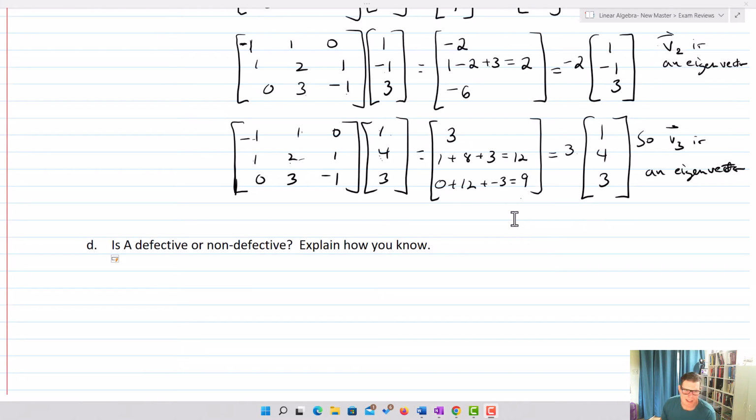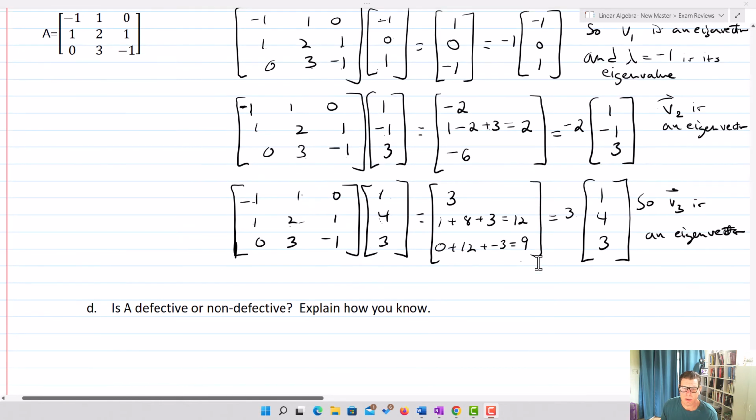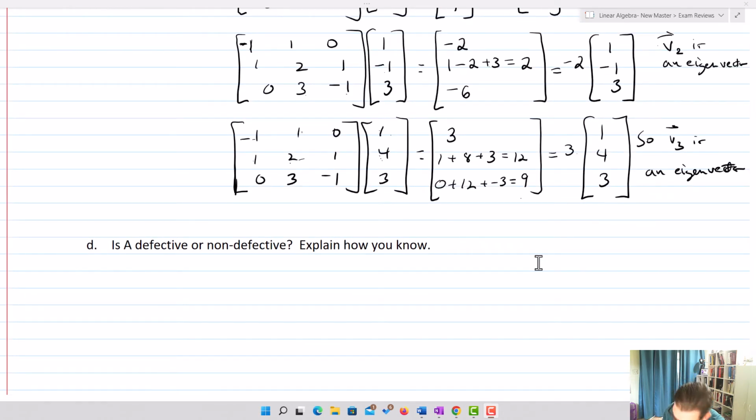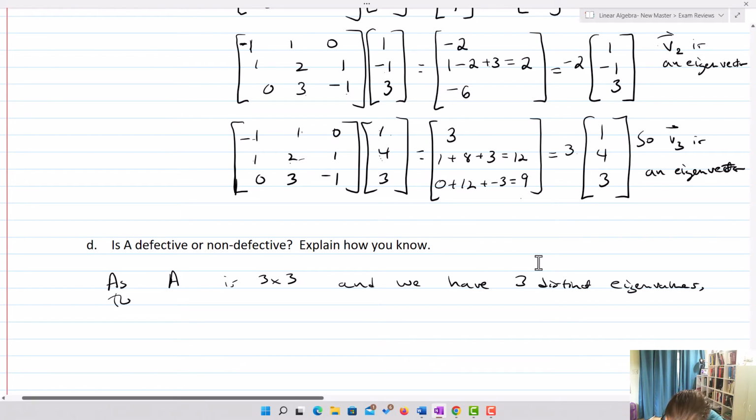We're now asked, is A defective or non-defective, and explain how you know. There's a lot of different ways that we can actually say this is the case. So let's just review what each one is. One, I can state that as A is 3 by 3, and we have 3 distinct eigenvalues, then we have 3 eigenvectors and A is non-defective.